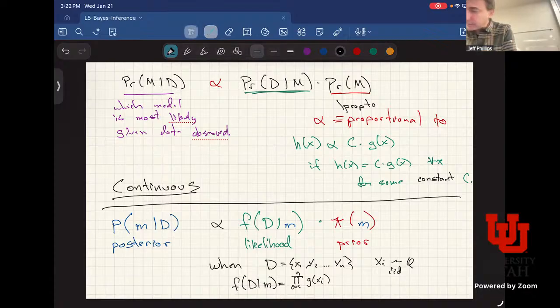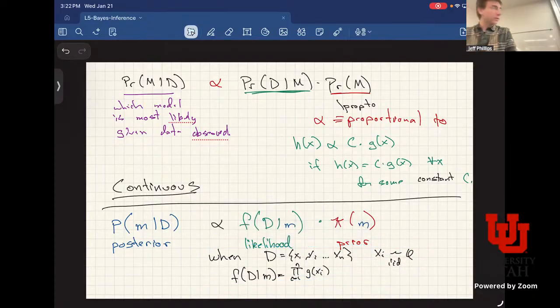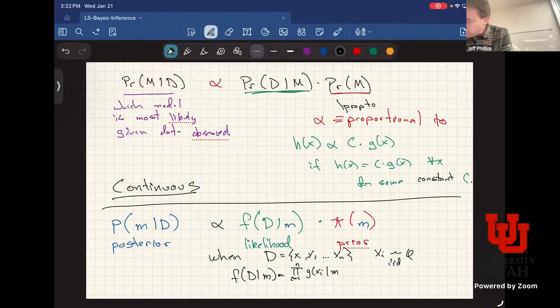Okay, let me move this. Okay, so we'll be able to write this with m here. Okay, so we're going to assume that our data is independent observations.